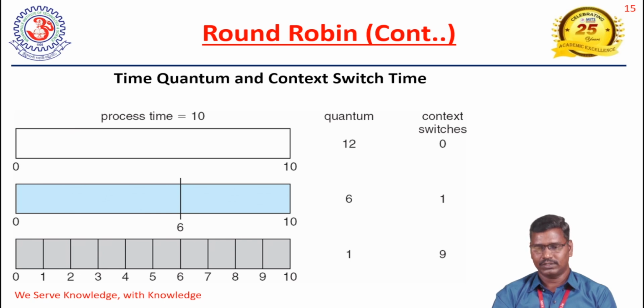So 9 context switches will happen in the third case. So as the quantum time is reduced, a larger number of context switches is created. If we increase the quantum time, we reduce the context switches based on the process time.